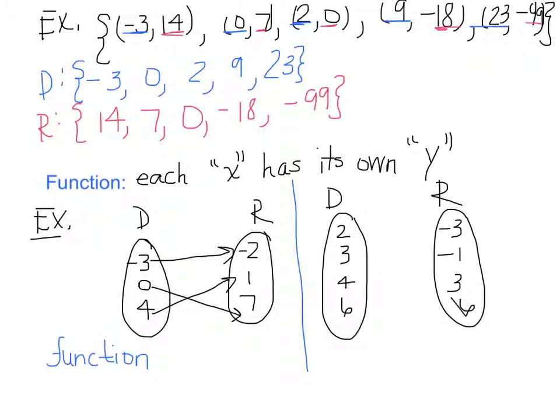Let's say that 2 was going to -3 and 3, 3 was going to -1, 4 to 3, and 6 to 6. Now, if you notice, the 2, which is in the domain, which is the x, is being paired with -3 and 3. And because of that, this is not a function.